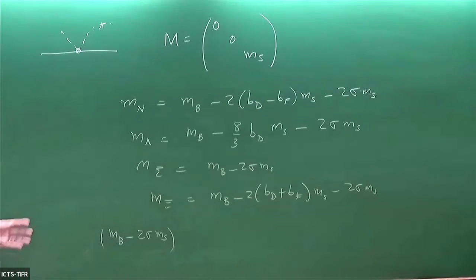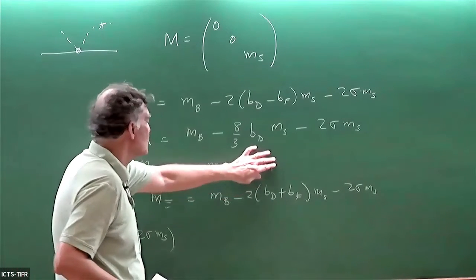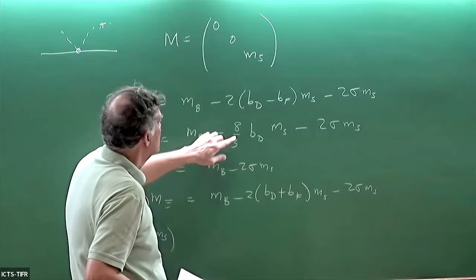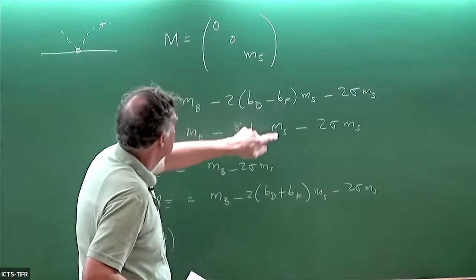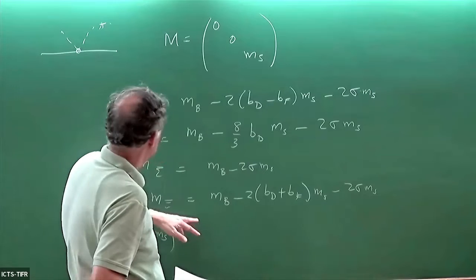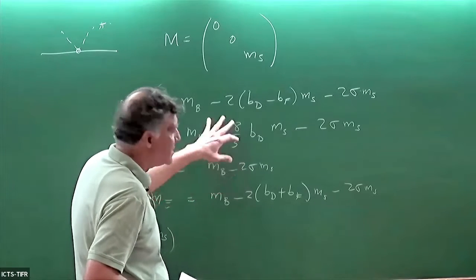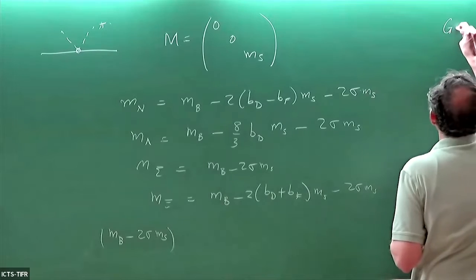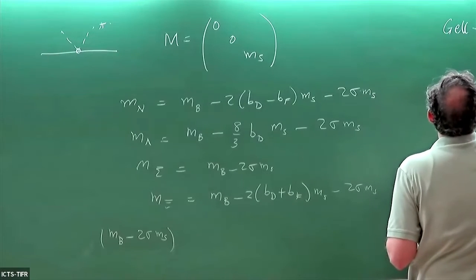So at this level, you can just absorb the sigma into here, but then you have B_D M_S and B_F M_S and M_B minus 2 sigma: 3 parameters and 4 masses, so you get the famous Gell-Mann–Okubo relation.